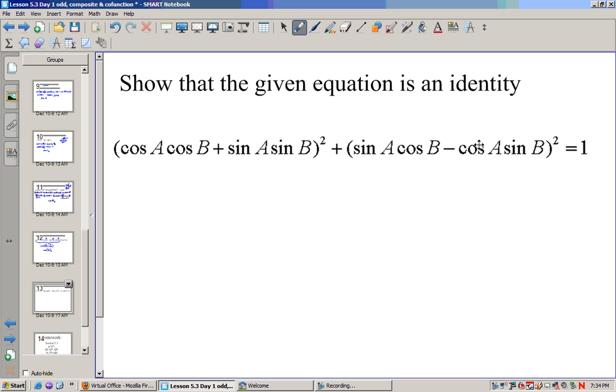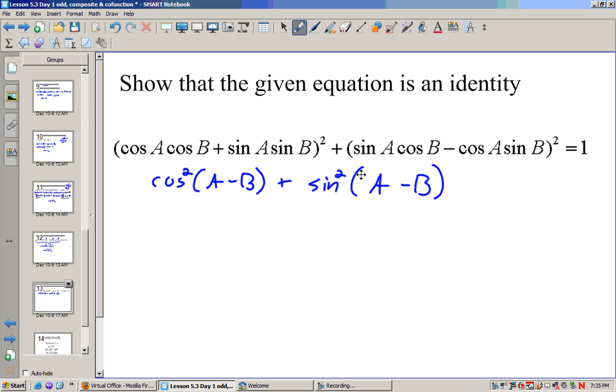All right, another one that looks pretty tough. We have cosine A cosine B plus sine A sine B. That's going to be the cosine of A minus B. And when I square that, that's like saying cosine squared. Now if I add to that sine A cosine B minus cosine A sine B, that's the same thing as sine of A minus B. This right here is the formula for sine of A minus B. So when I square that, that puts the square there.